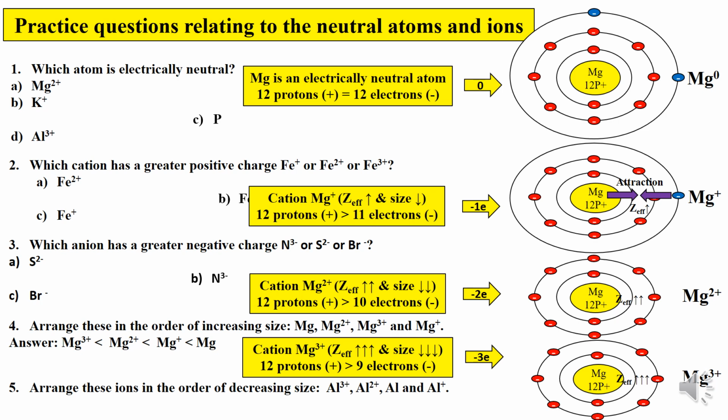So you know that the ion with the greater number of positive charges will be the smallest one because of the highest effective nuclear charge, and therefore the order will be as follows. The neutral atom will always be bigger in size as compared to the one with a greater number of positive charges.